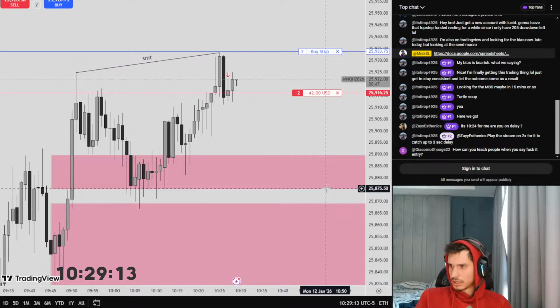But it does look like price still wants to push bullish. It's holding off very strongly.